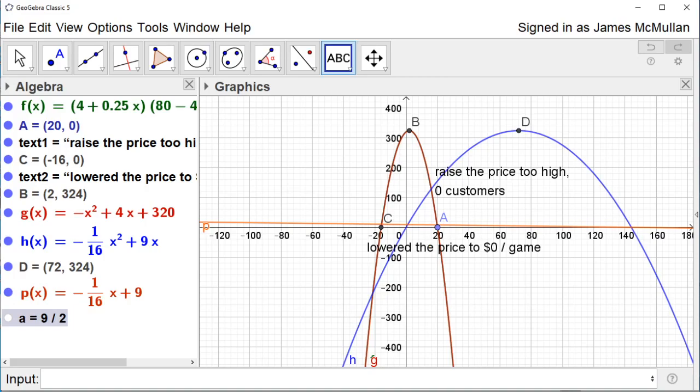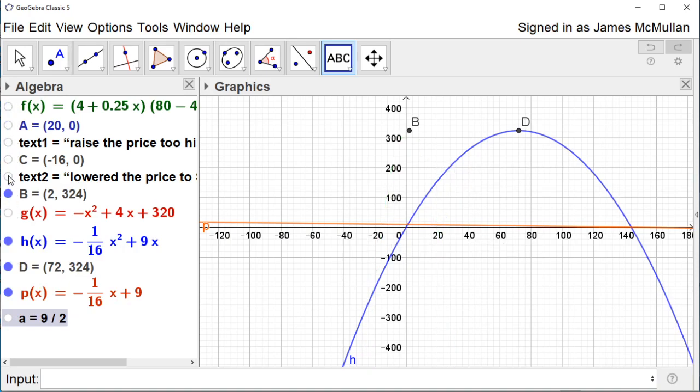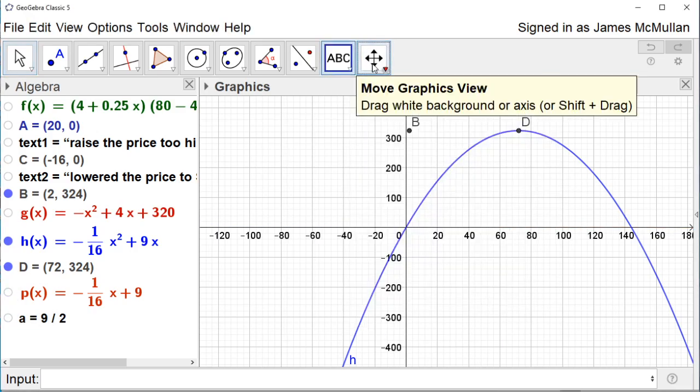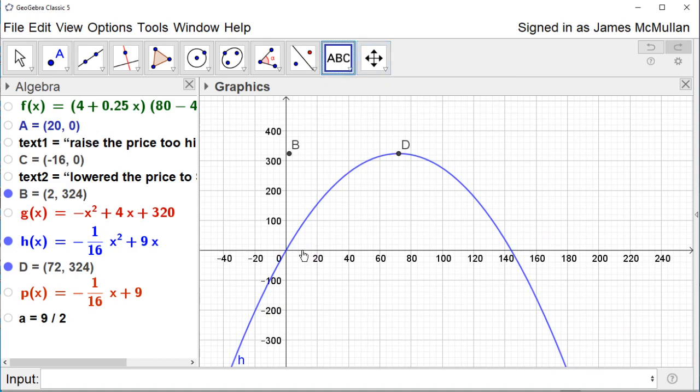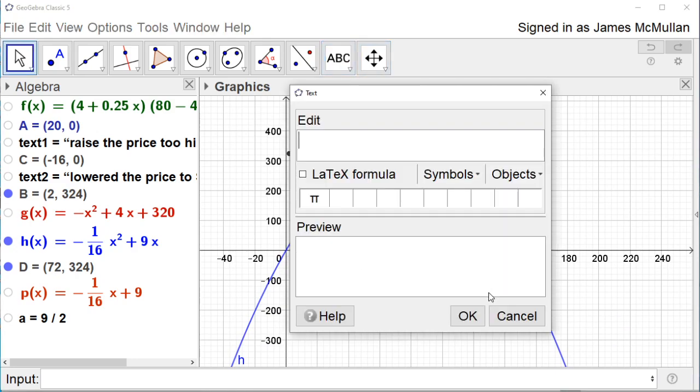Let's analyze this graph one more time. So let's take out the original, this one, and we'll get rid of these intercepts and this text, and we'll get rid of this demand function. Now, what can we say about this? It is possible to make 0 sales because the price is too high.